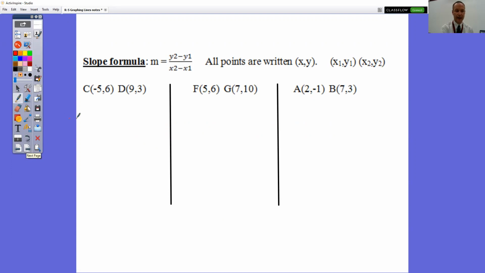So what you have to remember is, first of all, the slope formula. When you're given 2 points like this, you need to use the slope formula. The slope formula is y2 minus y1 over x2 minus x1. Remember that all points are written x comma y.